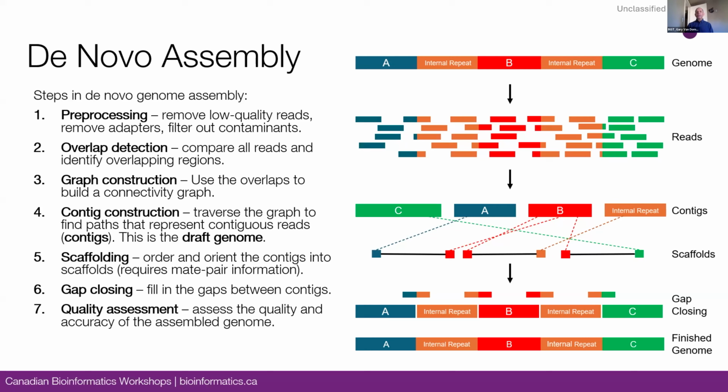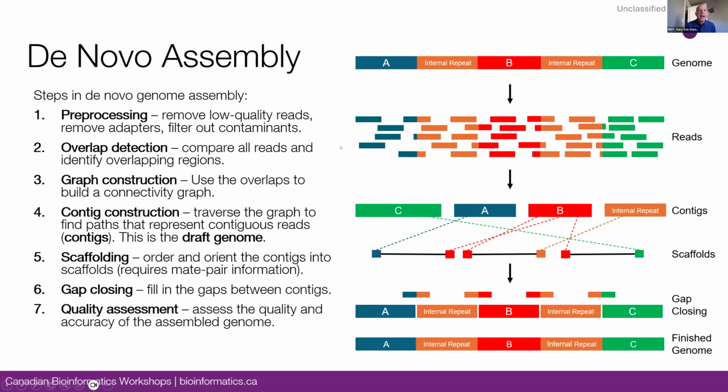Then there's an overlap detection step where we're going to look at every read, compare it to every other read, and identify the overlaps. Because you have internal repeats, a read may have a connection to more than one other read, right?